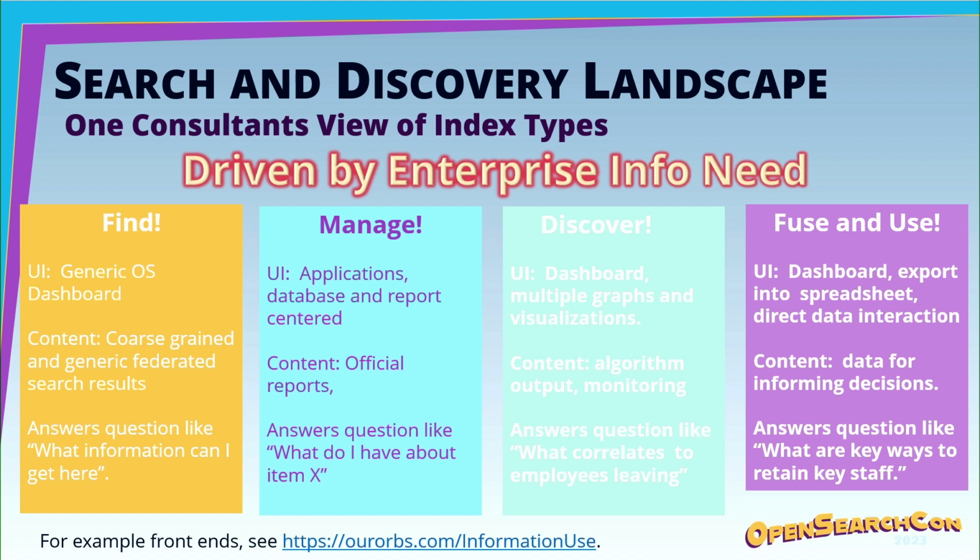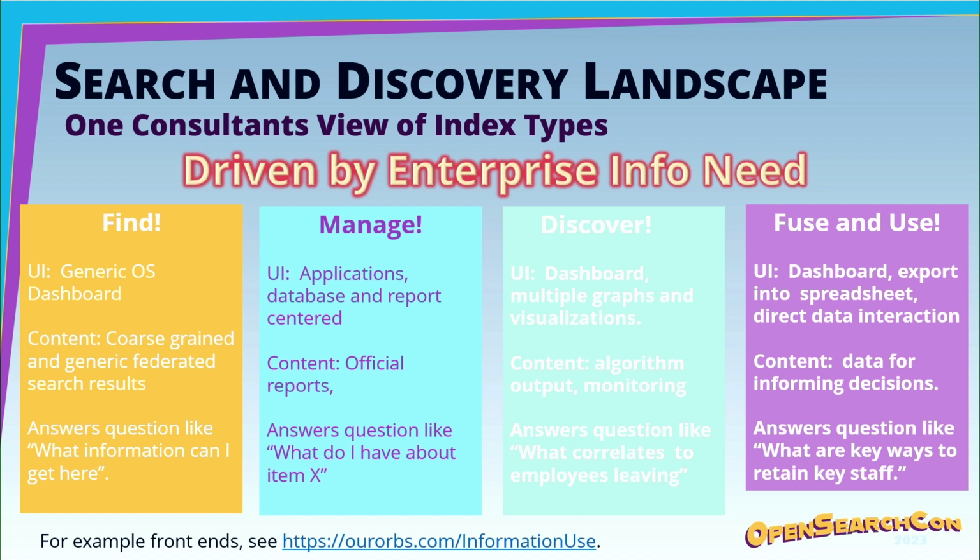The next information need is managed, and typically this is less where OpenSearch has played, but I think you're going to see an ability, much as in the discussion we heard today about conversations with your enterprise data. Interfaces to the managed data are going to become important for OpenSearch. This is where your application's database and report centered.